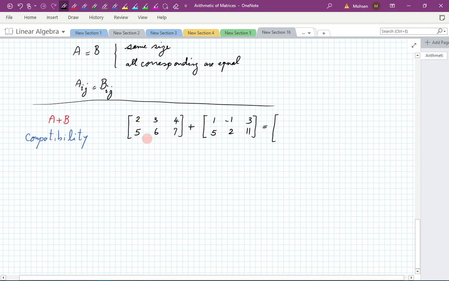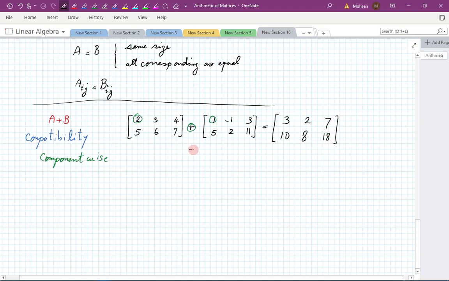You just add this component wise, meaning the addition that you want to do, you're doing it between the items that are seated at the same location. So it's 2 plus 1, so that's your 3, and 3 plus minus 1, that's 2, and 4 plus 3, that's 7, and 5 and 5 is a 10, and 6 and 2 is an 8, and 7 and 11, what's 7 and 11? So it's 18.